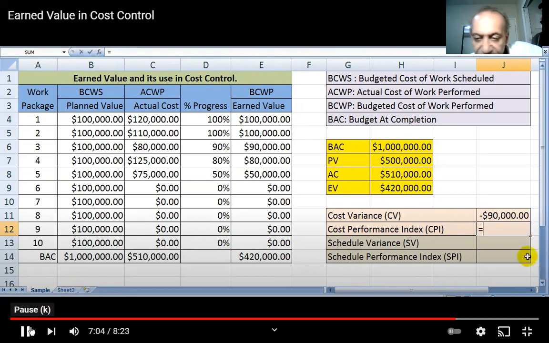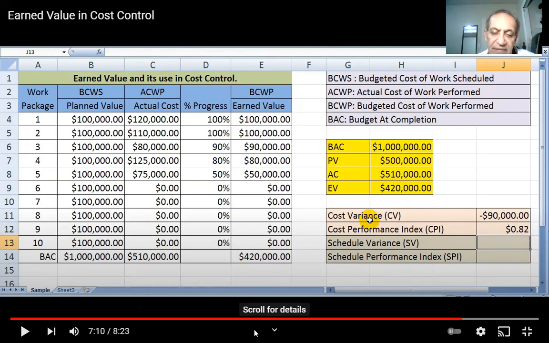The cost performance index is equal to your earned value divided by actual cost. When you are calculating, the cost performance index equals 420 divided by 510.